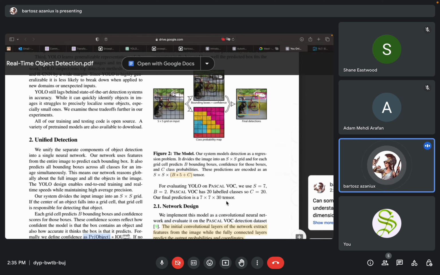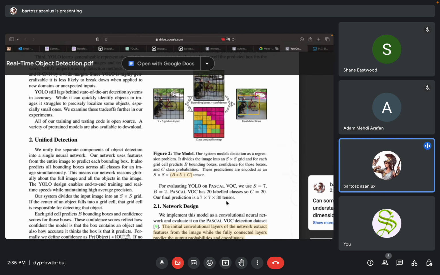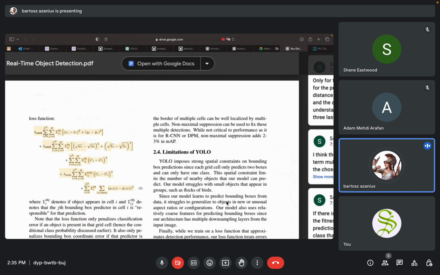So for a bike, this will be the middle grid, and the probability of this will be 1. These ones will have probability of 0. Then for the dog, this one would be 1, or this one, it's kind of difficult, and this is indicated in the loss.